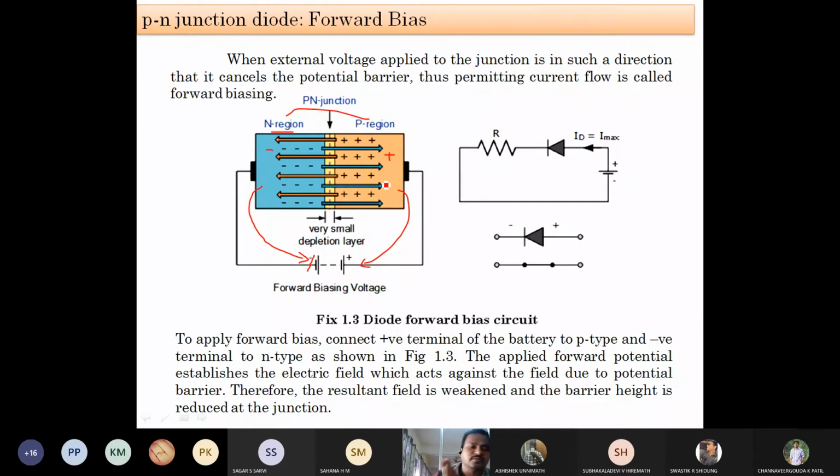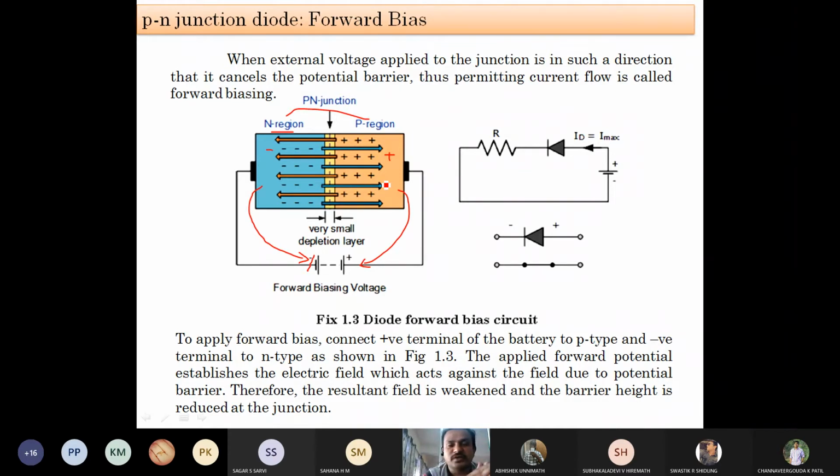By observing this flow phenomenon, we come to know that as there is an increase in the bias voltage, the concentration of majority charge carriers is going to increase in the respective semiconductor material. Hence, the movement is going to be more and it reduces the barrier width.